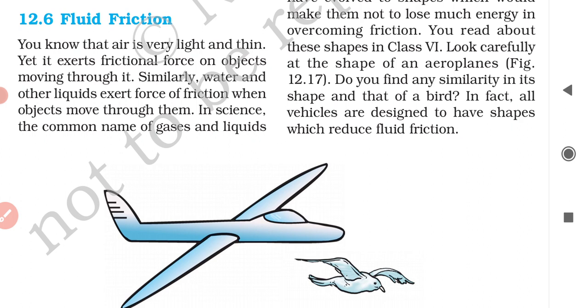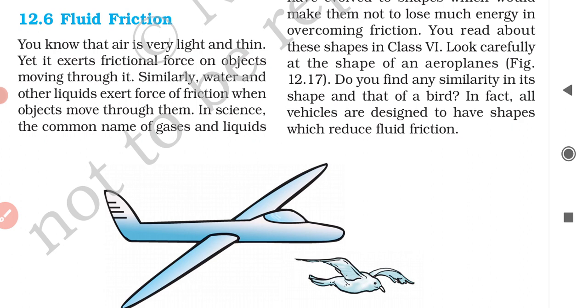This push of air on the moving object creates friction, which tends to slow down the moving object. So air exerts frictional force on cars, buses, aeroplanes, rockets, birds, etc., moving through it.